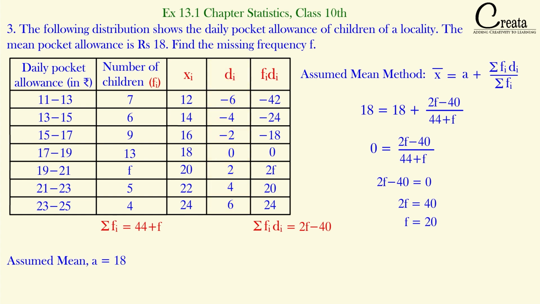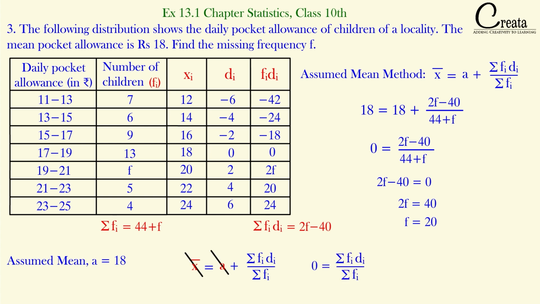Further, while solving the question, I have told you the assumed mean and our mean both are equal to 18. That is, x bar is equal to 18 and a is equal to 18. Using this, we can simplify the question. Let's see what I mean. If we take the formula of assumed mean, that is x bar is equal to a plus sigma of fi into di upon sigma of fi, here x bar and a both are equal to each other, so these two terms will cancel out with each other.